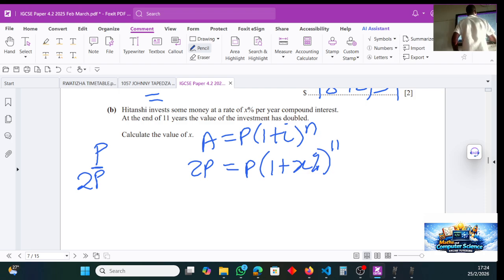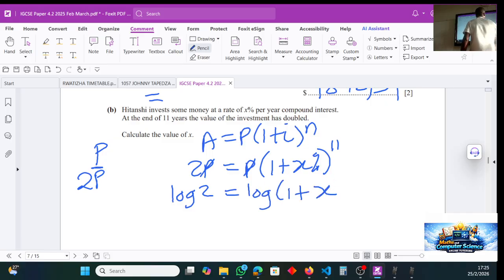So as we can see clearly, if we are trying to solve for x, it means first we have to get rid of the P. Then it looks like it's now an exponential equation, but our exponents are not the same. So I'll be forced to bring in logs to say log of 2 is equal to log of 1 plus x over 100, all to the power 11.